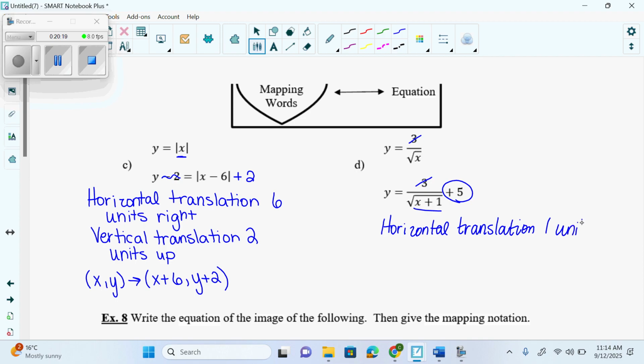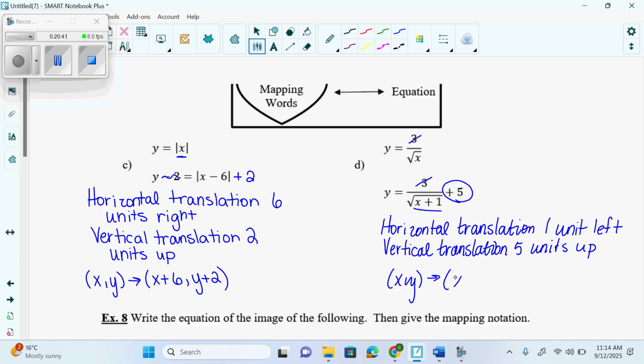Left, yeah. Because we're going from equation to words. And a vertical translation, 5 units up. So we're going to get xy becomes x minus 1 comma y plus 5.